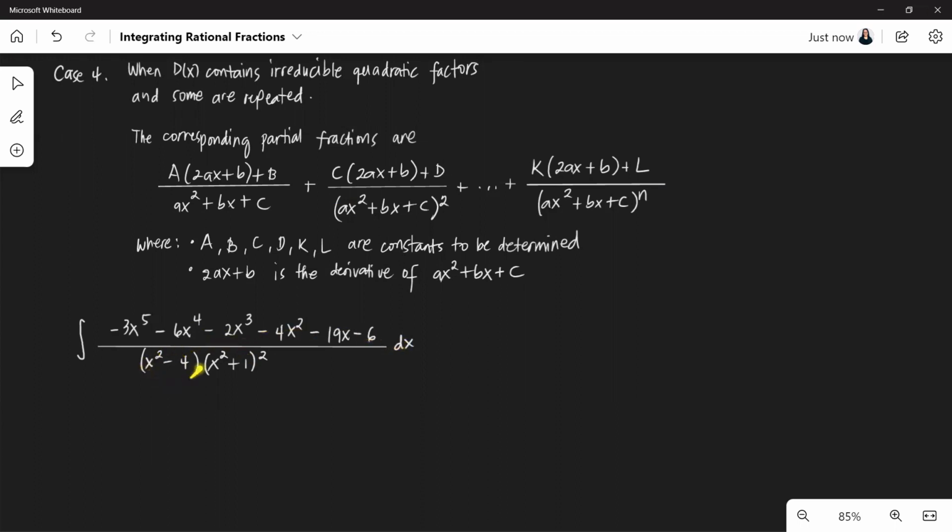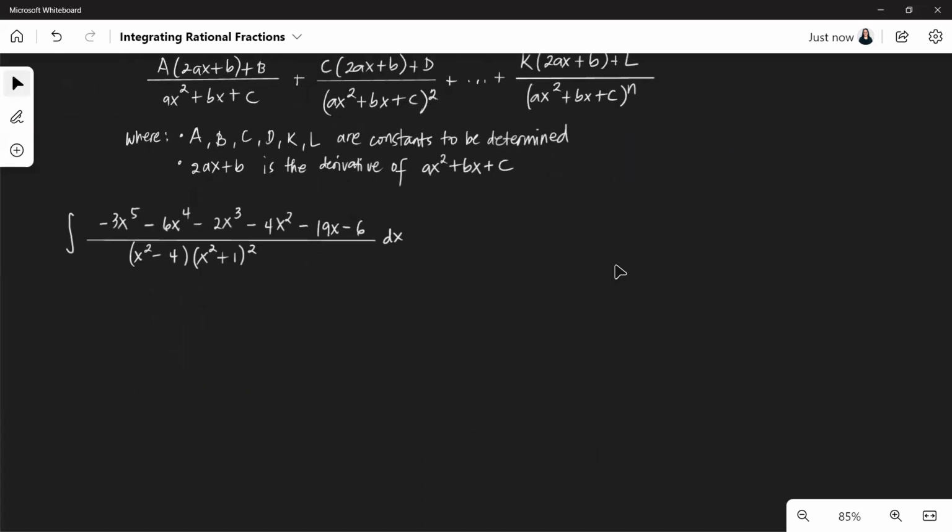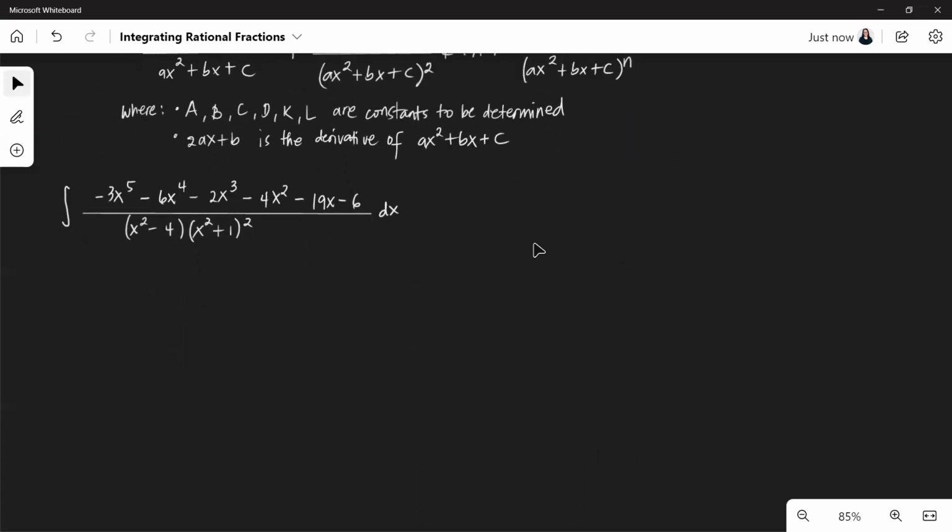So we have here another quadratic factor, but this is factorable because it's a difference of two squares. So it's a product of x minus 2 and x plus 2, right? It's again a difference of two squares.